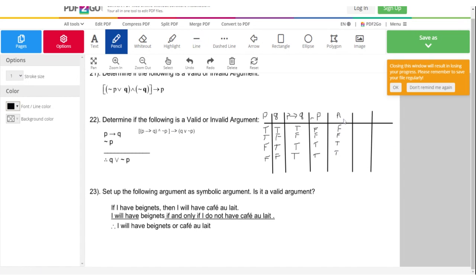So this is Q, and this is not P. So we're looking at these two, and we're using the OR rule. All of them are true. The only one that's not true is the second one because both of them are false. Now this is the whole thing.